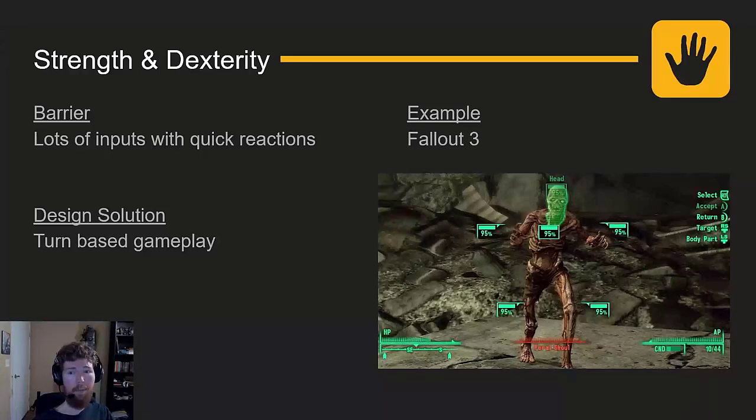Something like turn-based gameplay is a lot easier, where I'm able to play at my own pace and plan out my actions. Now, on the surface, these things don't really seem to mix, but I present to you the Fallout 3 VATS system, where you're able to pause time, pick your shots, and that created a much more accessible experience for me.